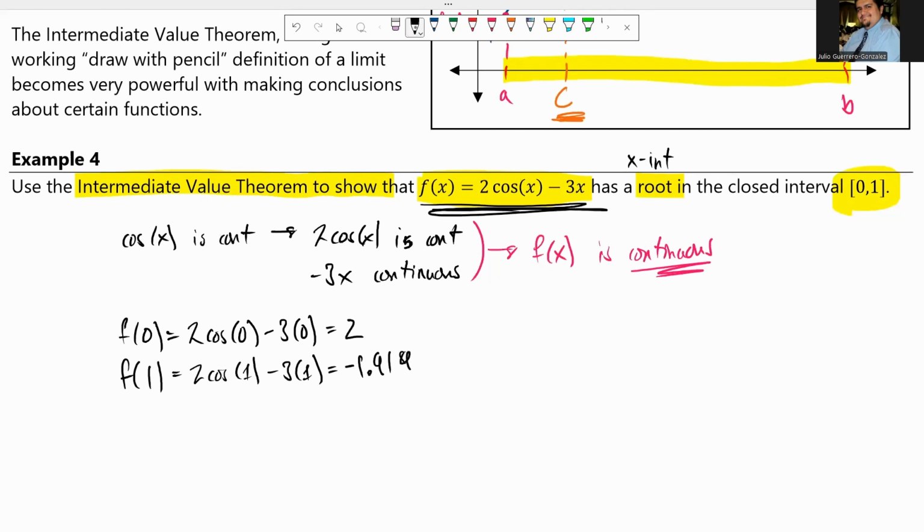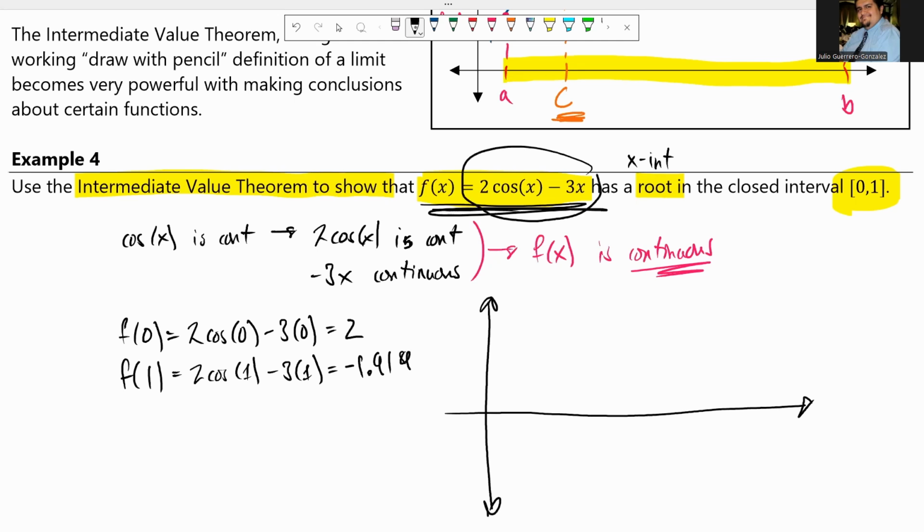Okay, I'm going to draw a graph here. The nice thing is, we don't need to know what this function looks like. But we know three things for this function. First of all, at 0, it is positive 2. So it's up here, at 0, up there.